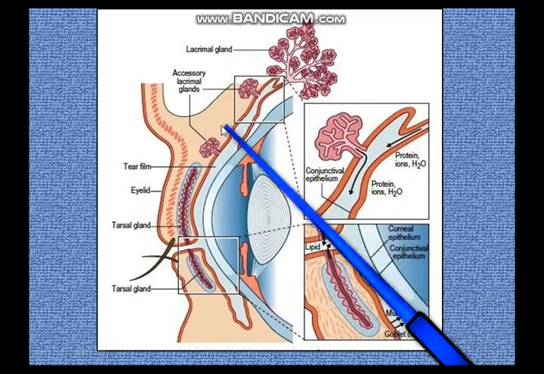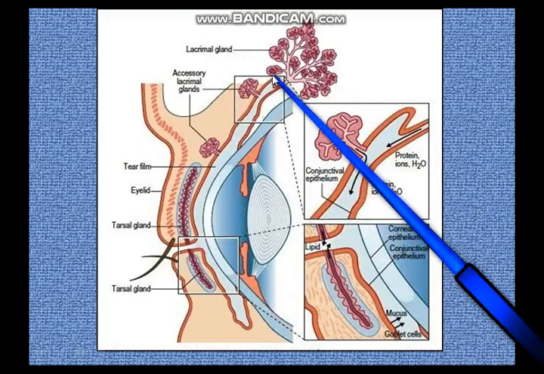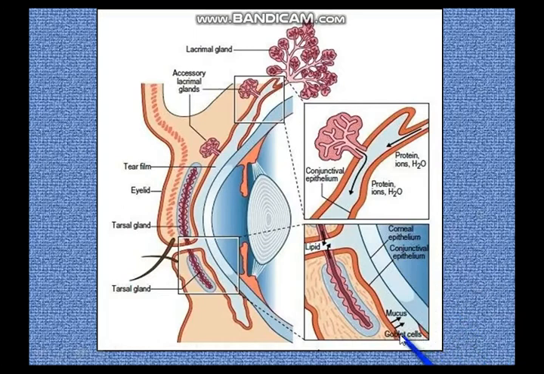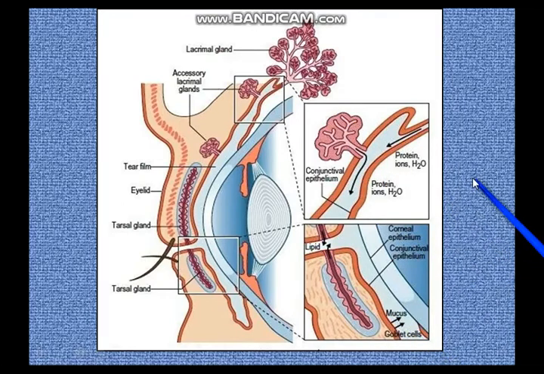So the accessory lacrimal glands that we were talking about, so you have secretions from the tarsal glands, you have secretions from the lacrimal glands, and you have secretions from the goblet cells of the conjunctiva. So the tarsal glands secreting an oily lipid, and the lacrimal glands secreting a watery secretion, and the conjunctival goblet cells secreting the mucus. So oil, water, and mucus, the three layers of the lacrimal secretion.